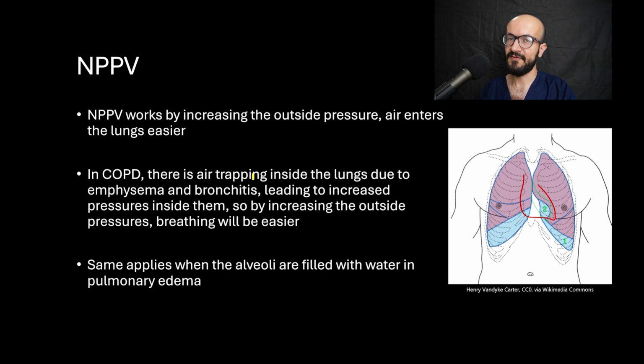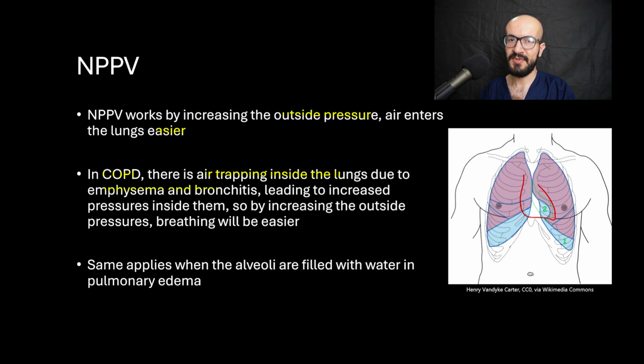Non-invasive positive pressure ventilation works by increasing the outside pressure, which helps the air enter the lungs more easily. It is used mostly in chronic obstructive pulmonary disease and in cardiogenic pulmonary edema. In COPD there is air trapping inside the lungs due to emphysema and bronchitis.